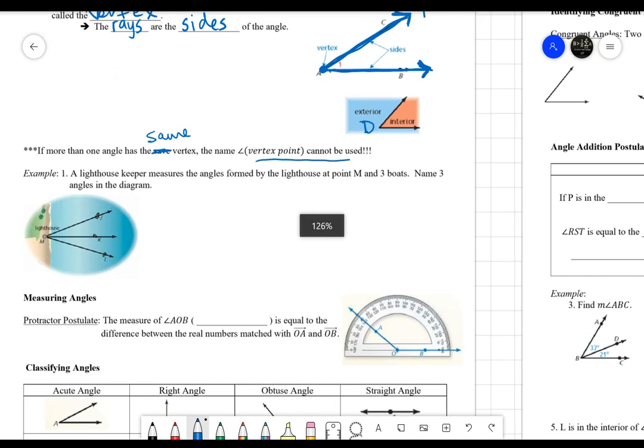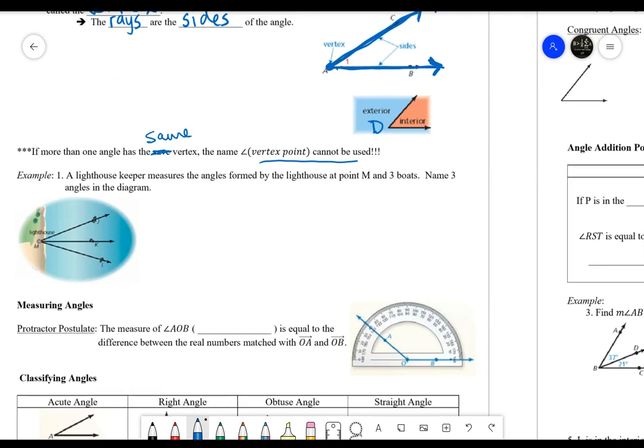Okay, so here's an example on how we would name them. A lighthouse keeper measures the angles formed by the lighthouse at point M and 3 boats. Name 3 angles in the diagram. So the first angle, we make our little angle symbol. It's going to be JMK. So you start with the outside one, you go to the vertex, and then you go to the K. The vertex must be in the middle.